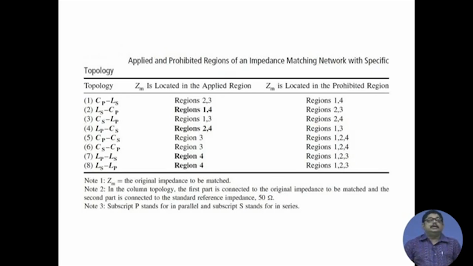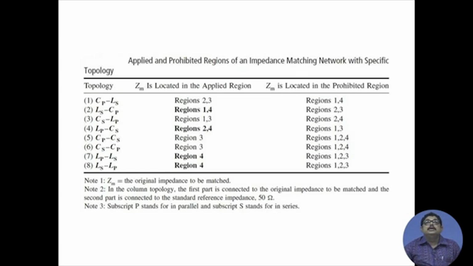This is another thing: in certain cases, it is not guaranteed that by these two parts you can get proper impedance matching, that means you will not always be able to come to the center. So, here is a list that will help you.